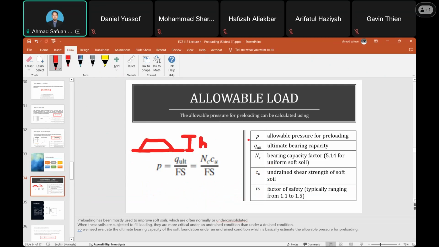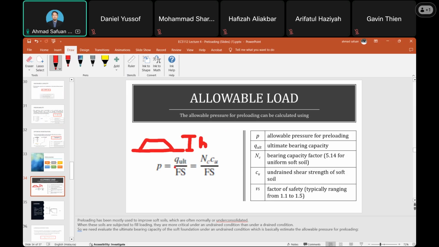The factor of safety typically ranges from 1.1 to 1.5. The preloading mostly improves soils which are often normally consolidated. When these soils are subject to field loading, they are more critical under undrained condition than under drained conditions. So we need to evaluate the admissibility of the soft ground under an undrained condition, which basically estimates the allowable pressure of a preloading.